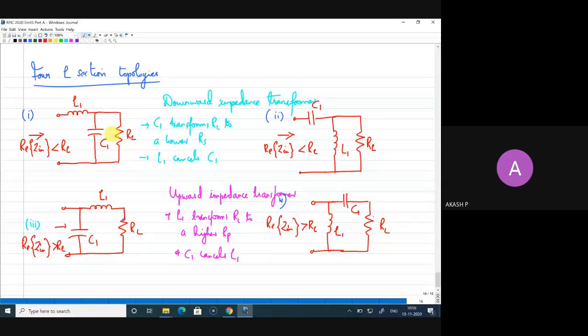If you want to transform from very high resistances to lower resistances, then you'll need a very high Q, which is not implementable. Why is it not implementable? Why very high Q? L and C values will be, C will probably be very low.